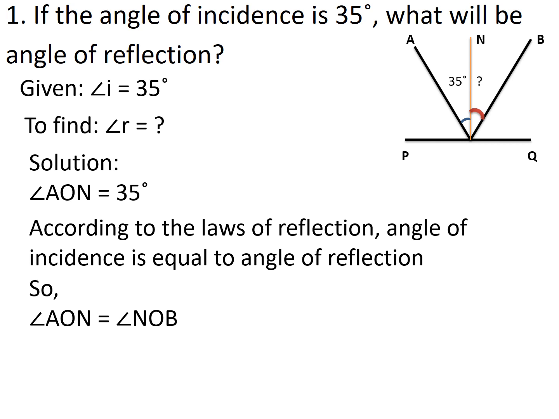Already angle of incidence is given, so there's no need of searching for angle of reflection, because angle of incidence will always be equal to angle of reflection. So angle AON is equal to angle NOB. So NOB is going to be 35 degree, that is, angle of reflection will be 35 degree. Very simple. No need of solving anything. Whatever is given for incidence, that same thing will be for reflection also.